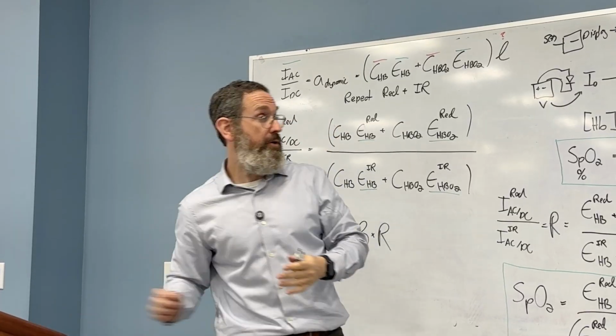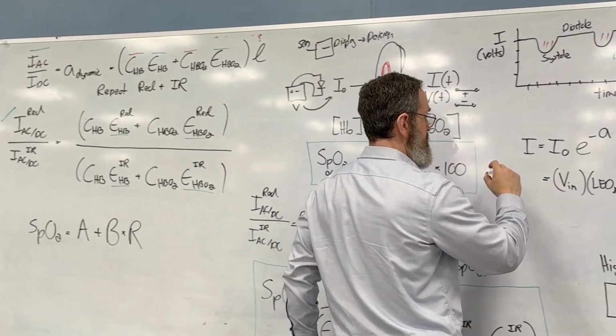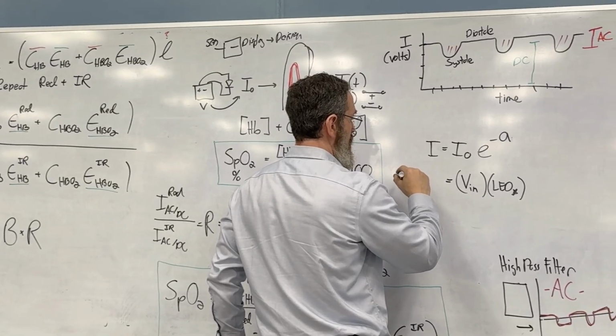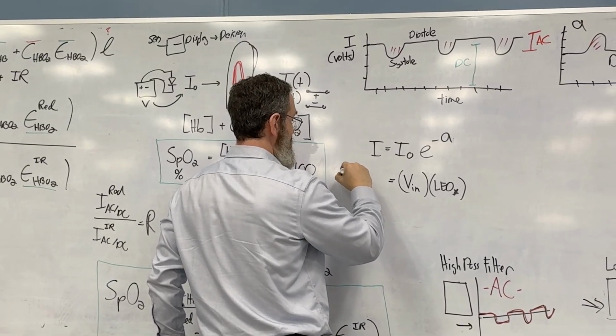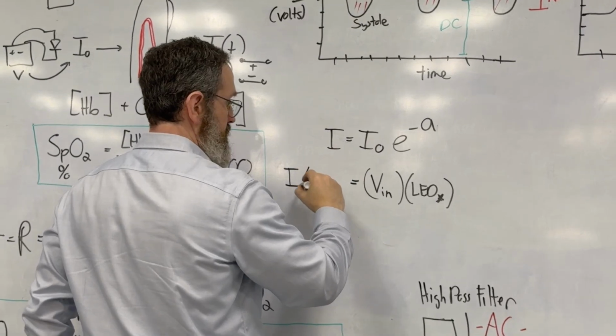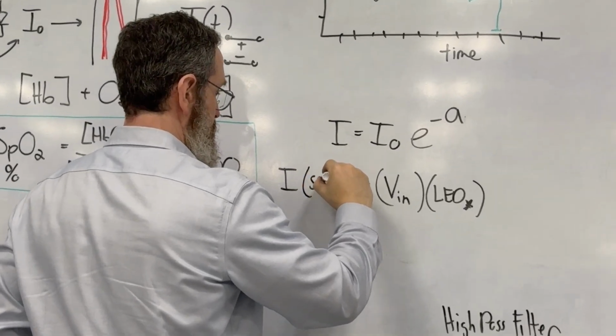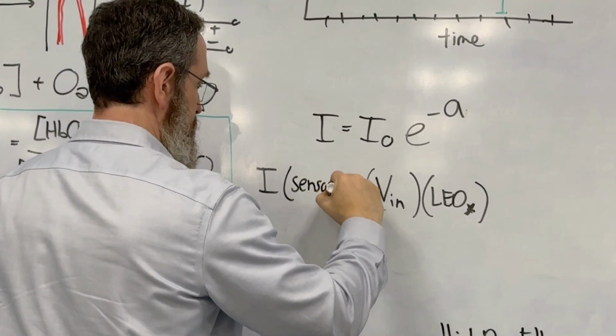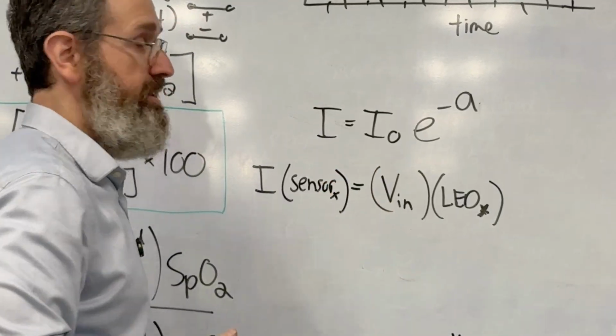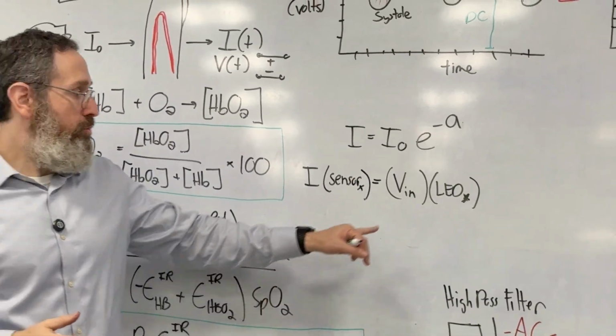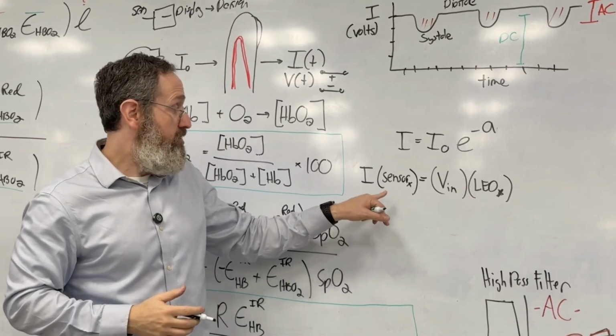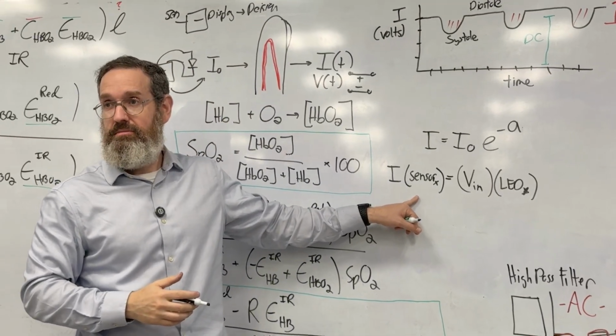All right, we don't know. So what I'm going to say here is that this is equal to the actual light that came out times something about my sensor that I don't know. So I don't know what I put in, and I don't know how my sensor works.